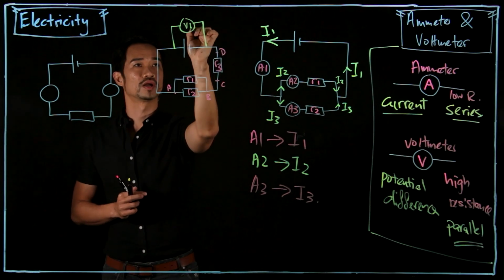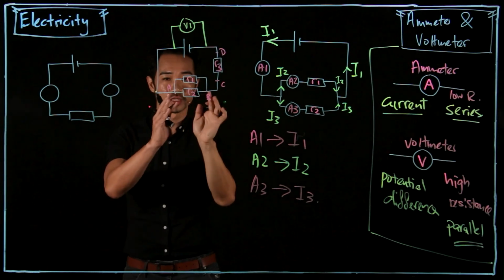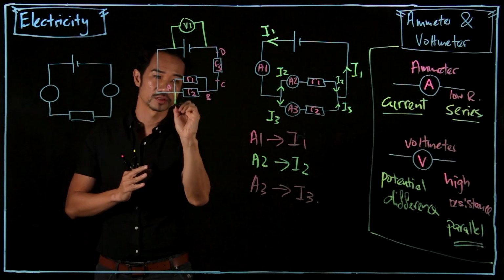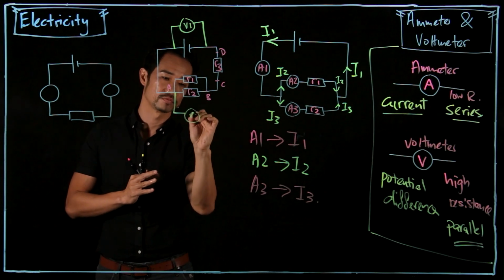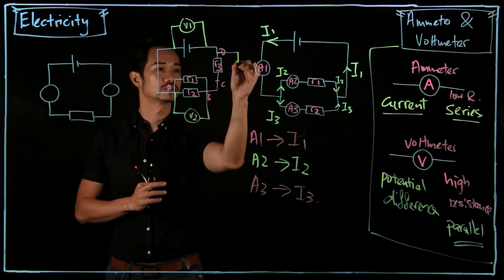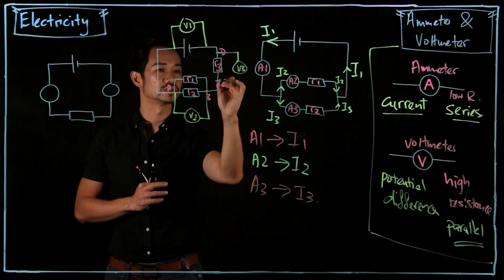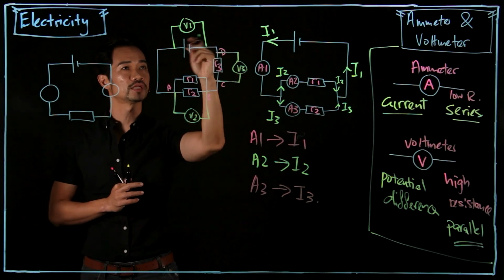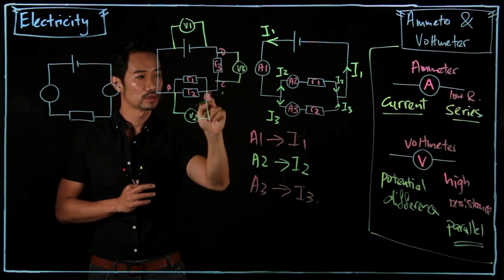So this is V1. I want to measure the potential difference across AB, I will connect it like this, V2. And this is V3. Do you see that it is all connected in parallel?